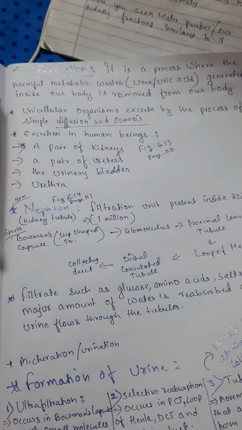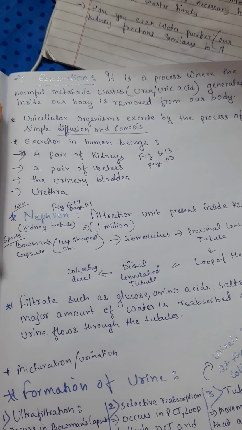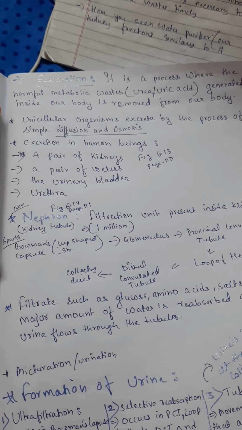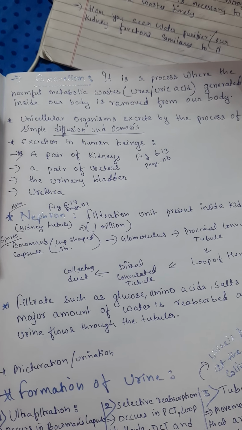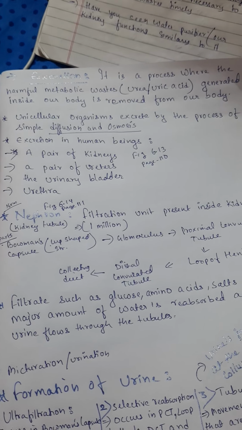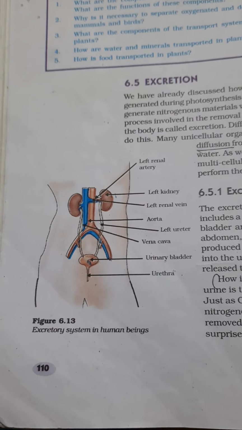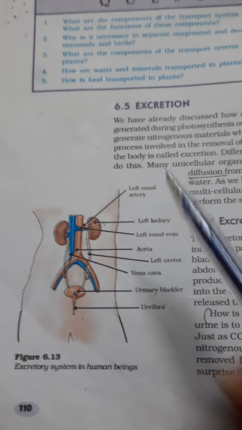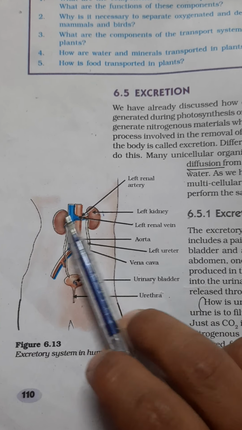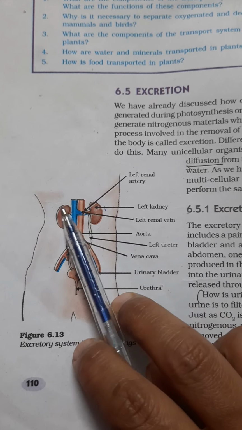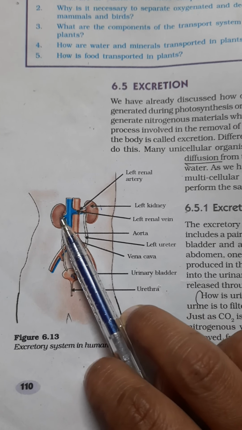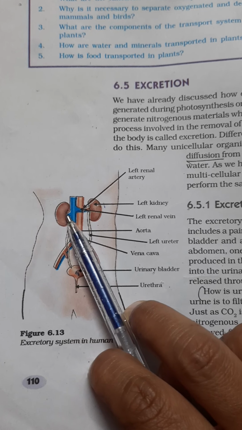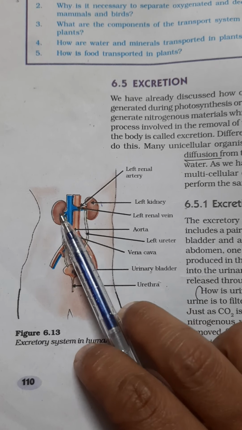Excretion is a process where the metabolic harmful waste such as urea generated inside our body is removed from our body. And for this, in human beings, there is a system, the excretory system, which consists of a pair of kidneys. The kidney is the primary excretory organ, which is reddish brown in color and bean shaped.